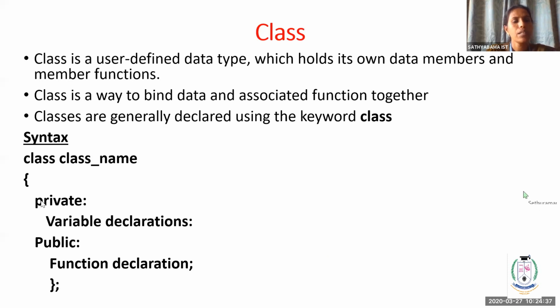Private is one of the member access specifiers, and we will have a detailed discussion about member access specifiers in an upcoming topic along with a program example. In the first part, you specify all your variable declarations, and under this we also have some function declarations. Every class must be closed with a semicolon. Once the body is closed, you have to close it along with the semicolon.